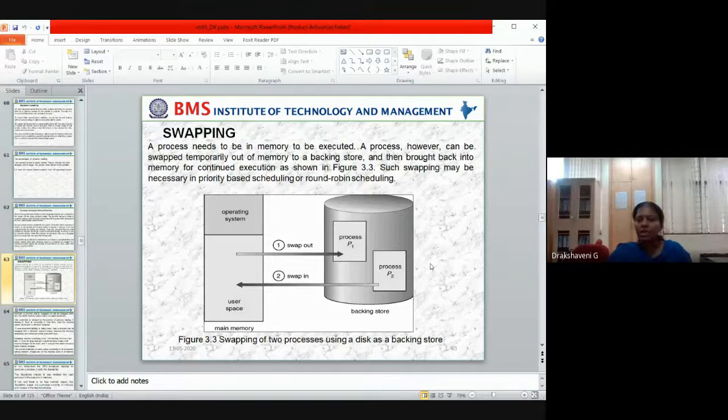You can see in this figure that process 1 is there, process 2 is there. Process 1 was executing and it had a lower priority compared to process 2. Let us say process 2 is your principal and process 1 is an ordinary faculty.